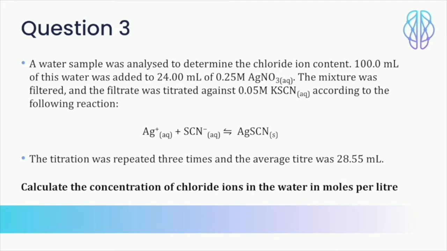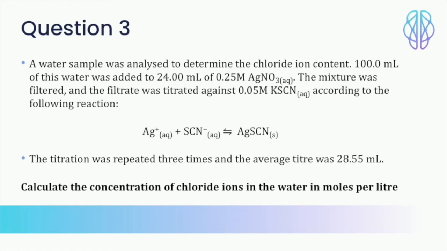So question 3 is an example of a back titration question that you're going to get. A water sample was analyzed to determine the chloride ion content. 100 milliliters of this water was added to 24 milliliters of 0.25 molar silver nitrate. The mixture was filtered and the filtrate was titrated against 0.05 molar potassium thiocyanate according to the following reaction.